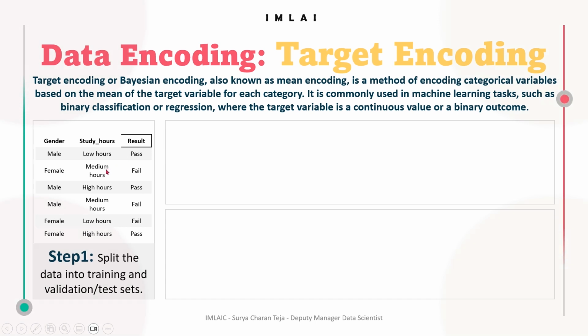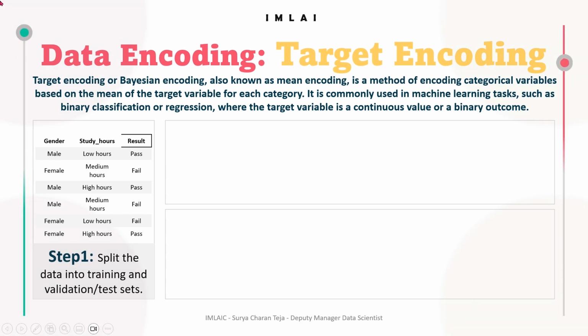Again, I'm repeating: we have a binary classification problem where we are predicting whether a student will pass or fail a math exam based on two categorical features, gender and study hours. These are the two categorical variables, and our target variable, result, is a binary variable that indicates whether a student has passed or failed.